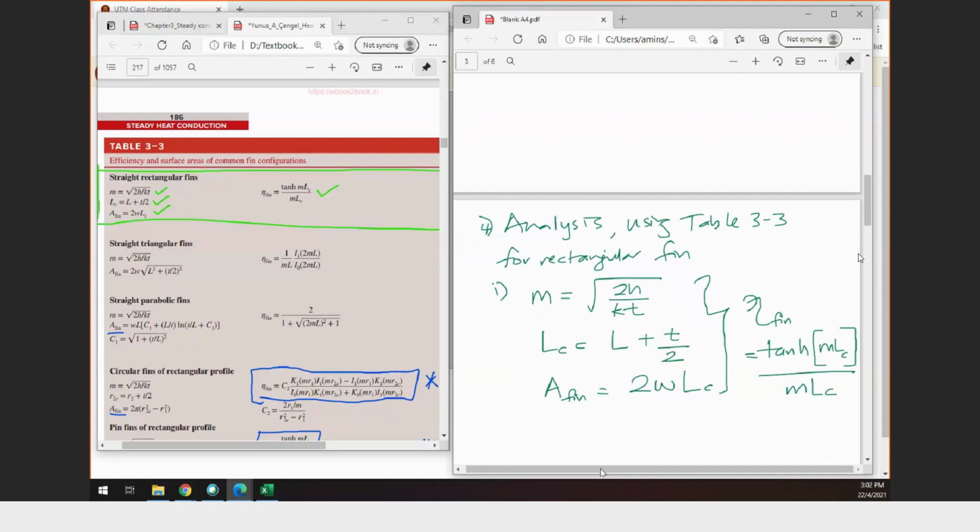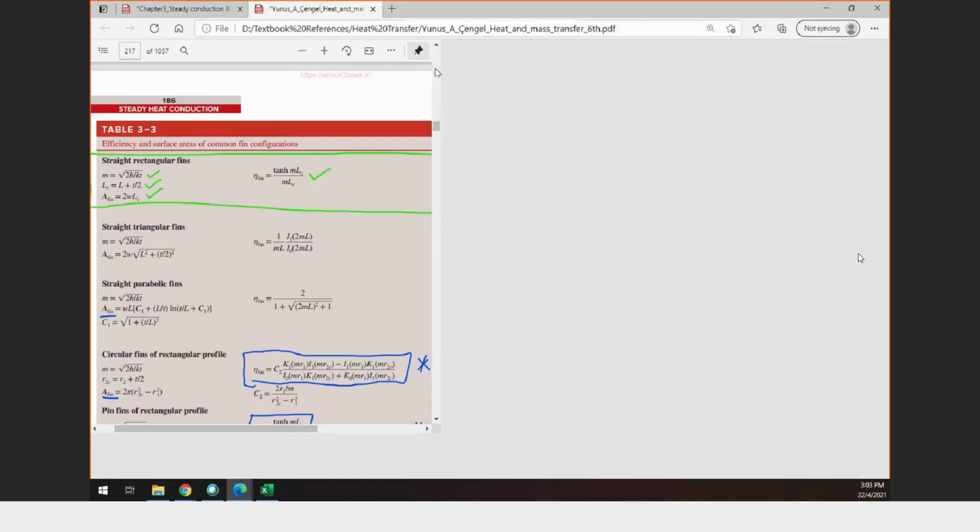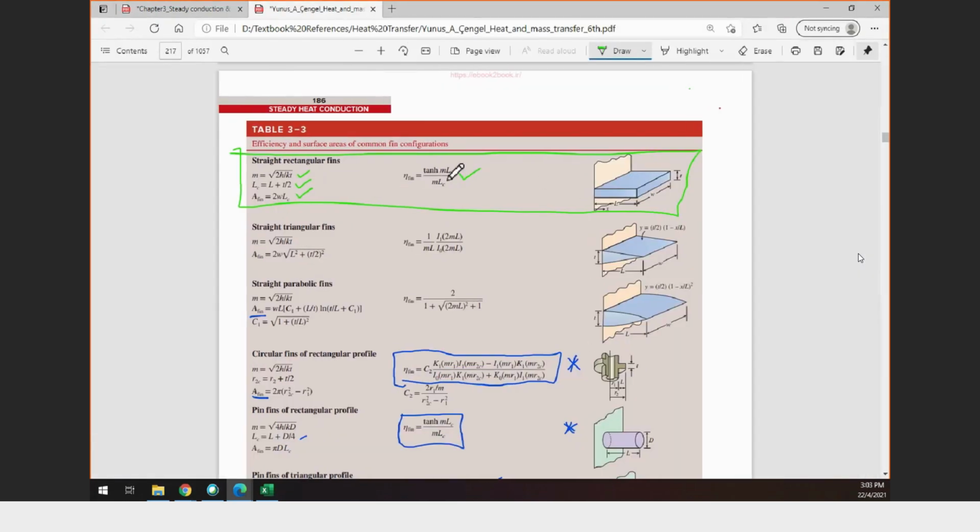Don't forget, if you look at this equation in the table, students always carelessly make this mistake. In fact, the equation is also a bit confusing. The tangent hyperbolic is for m Lc, not only m.